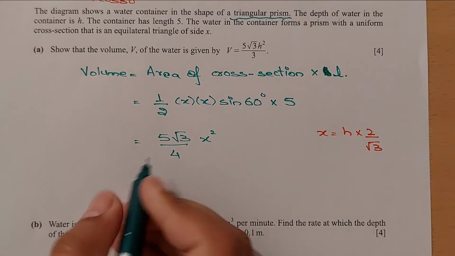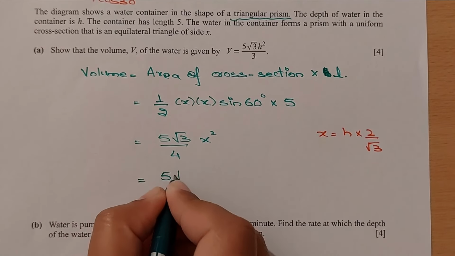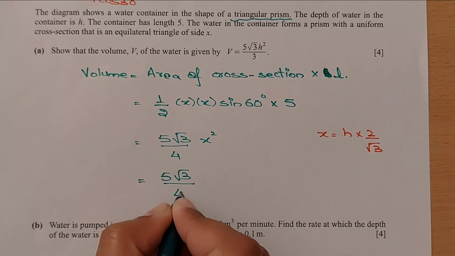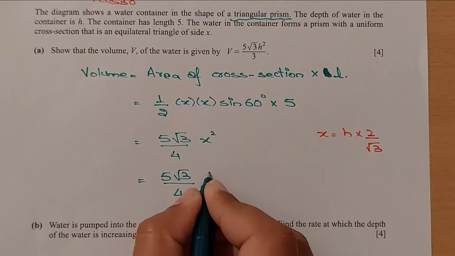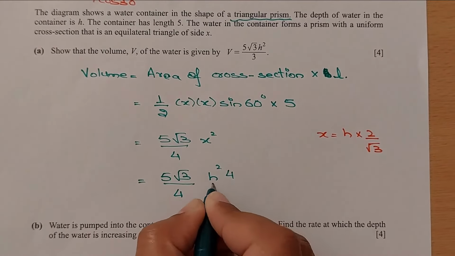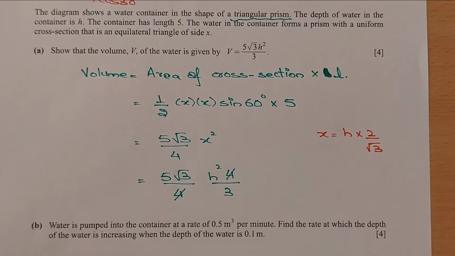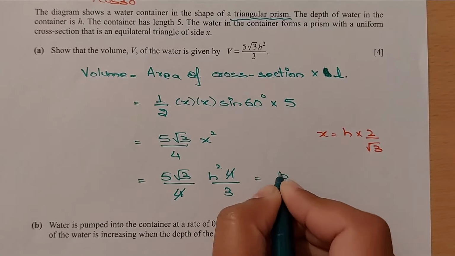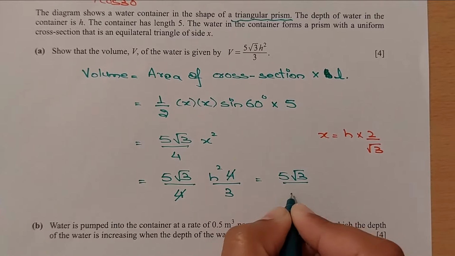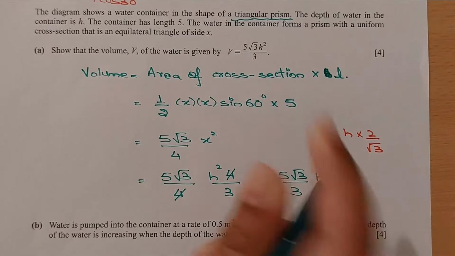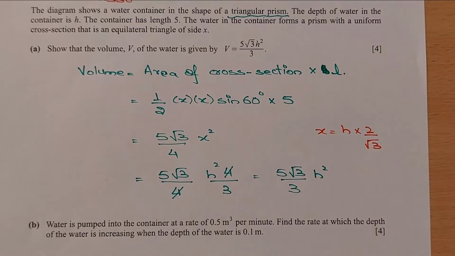So substitute over here. 5 square root of 3 divided by 4, and the square of this, that is h squared. 2 squared is 4, divided by square root of 3 squared is just 3. So 4 is cancelled with 4, and we have 5 square root of 3 divided by 3 h squared. So we got the volume exactly the same.